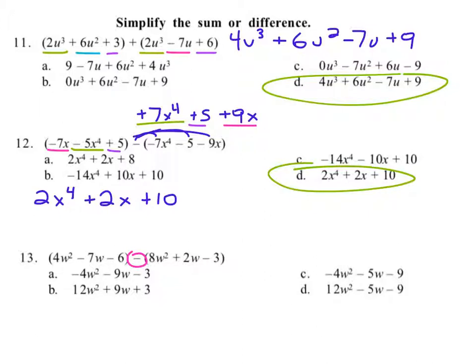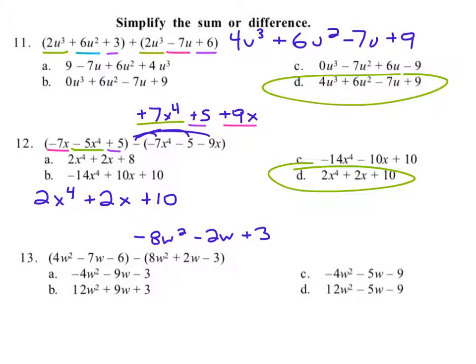So if we're subtracting all of that, we will get a negative 8w squared. That negative out front of the parentheses will change it to a negative 2w. And that negative out front will change that negative 3 to a positive 3. And we're going to combine that with everything in the first polynomial.